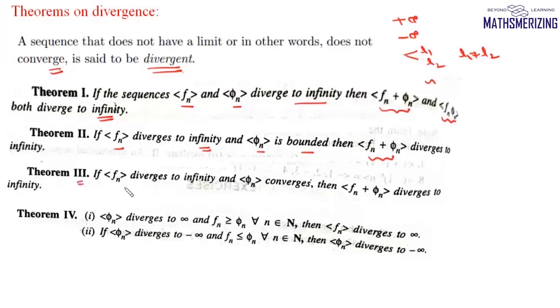Now third theorem is if fn diverges to infinity and phi n is a convergent sequence, then fn plus phi n also diverges to infinity. And the fourth theorem is if we have two sequences fn and phi n such that fn is greater than or equal to phi n and phi n diverges to infinity, then this sequence fn also diverges to infinity. And in the same way, if fn is less than phi n and if phi n diverges to minus infinity, then fn also diverges to minus infinity.